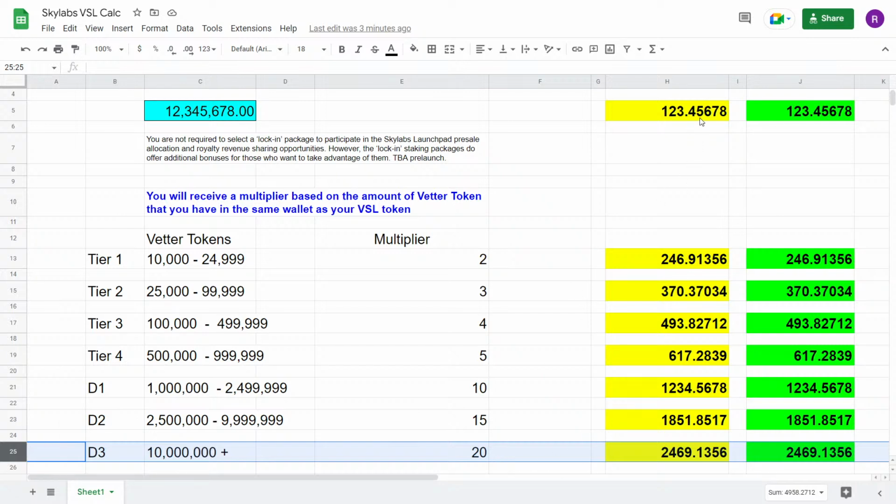So instead of 123 allocation and royalty shares, you now get 2,469. That is absolutely game-changing, just simply holding VEDR token in your wallet.